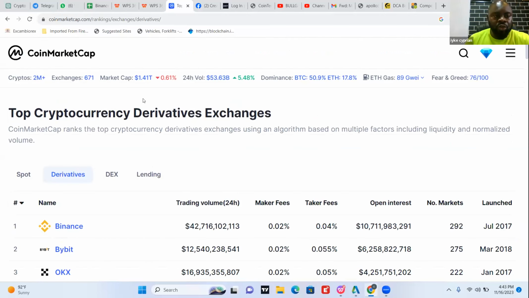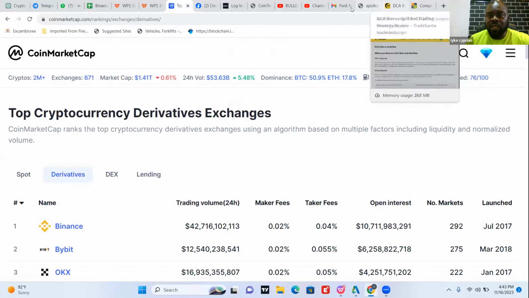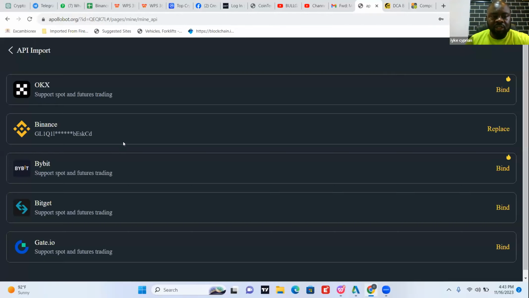So when you go to your CoinMarketCap, you will be seeing all these exchanges. So what you need to do is you tap on bind. You just tap on bind. You can watch the tutorials, and you'll be properly guided, right? So this account has already been bound to the robot, so I cannot do a second binding.